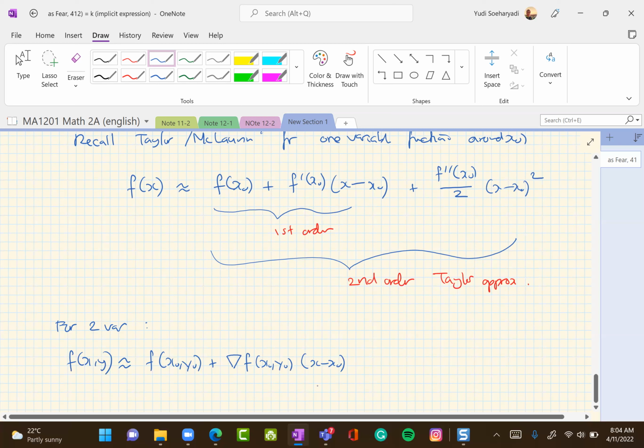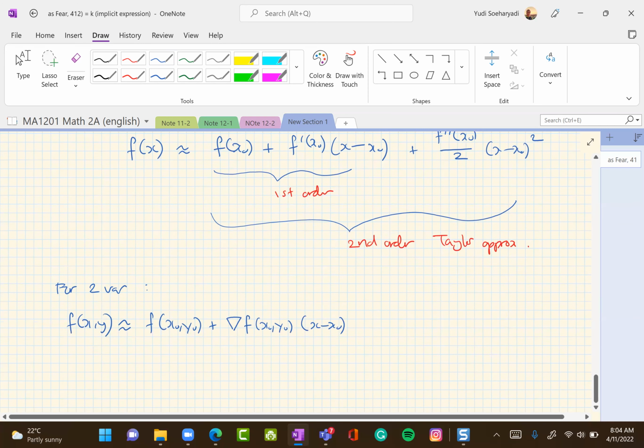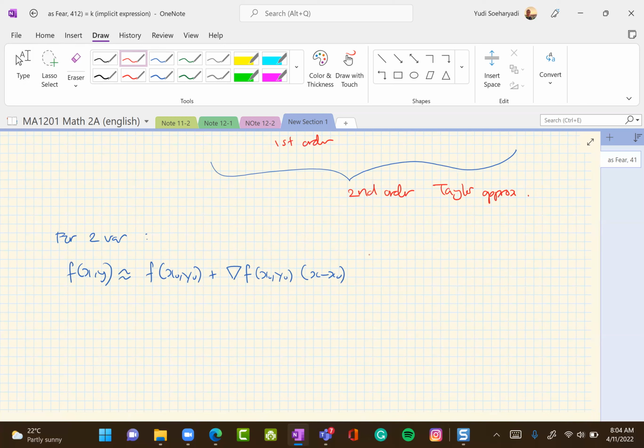Okay. And what about the second derivative? Well, for the second derivative, we have now second partial derivatives, and we have three kinds. All right, so this is first order.